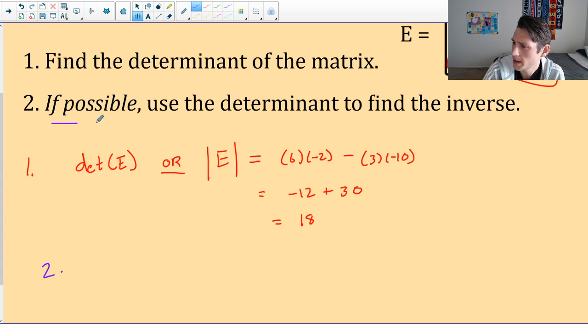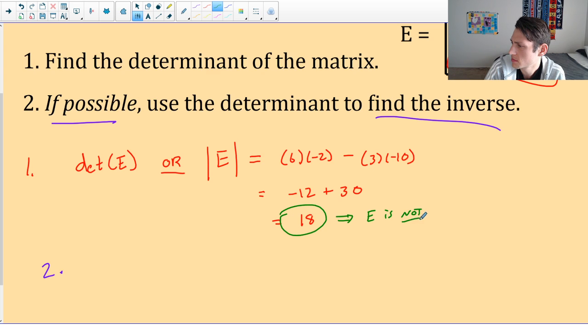Okay, number two, if possible, use the determinant to find the inverse. So, why does it say if possible? Well, first we got to look at this determinant of 18. Remember, if the determinant is not 0, then the matrix E is not singular, which means that it does have an inverse.